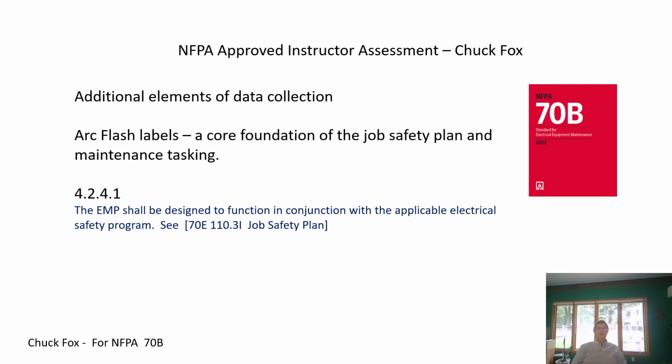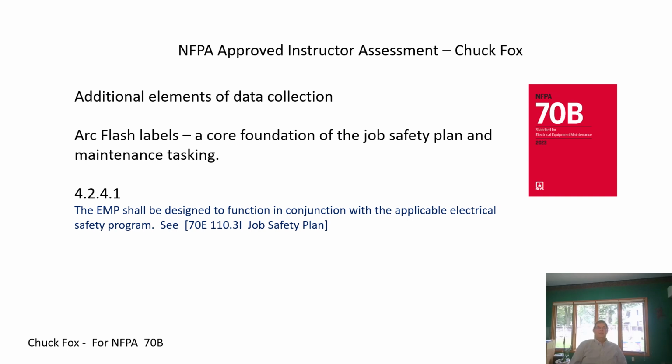The arc flash labels or arc flash study becomes one of the other core foundations of our electrical maintenance program, because it delivers the safety aspects needed in order to go to work and actually do tasking and implement the various maintenance protocols. One way to tie that back in is that the electrical maintenance program is already tied by the 70B standard to the electrical safety program as outlined under 70E Article 110.